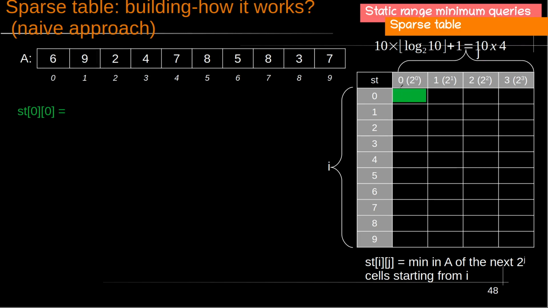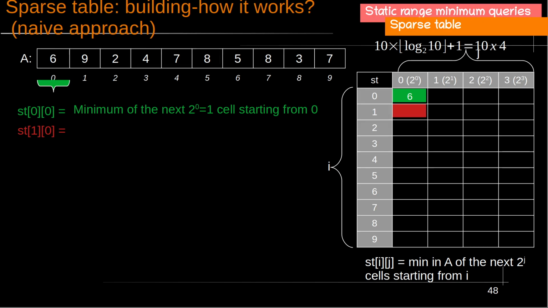How to build this cell, the green one, which is ST[0][0], row 0, column 0, which is the minimum, or f. The minimum of the next 2^0 cell, which is 1, starting from 0, which is this one. So what's the minimum of 6? It's 6.